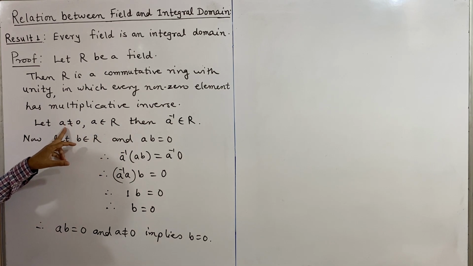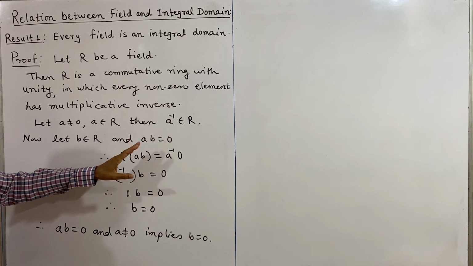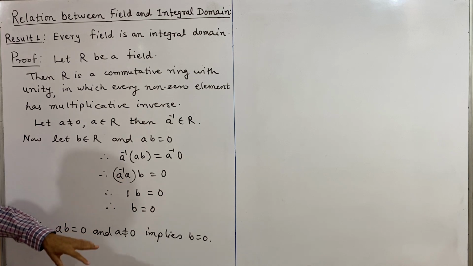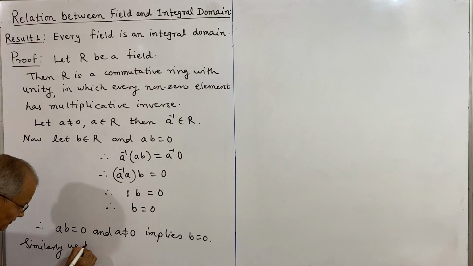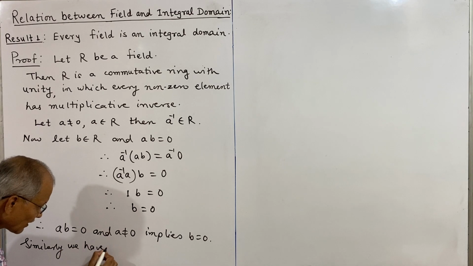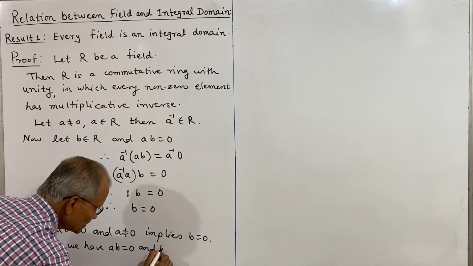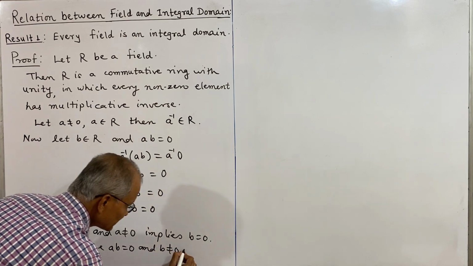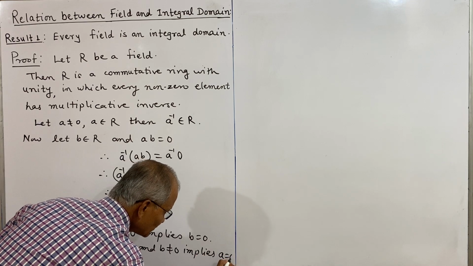Similarly, we can change the role of a and b. We shall consider b is not equal to 0, then b inverse exists, and then we shall have ba equal to 0; pre-multiply by b inverse, then we shall get a is equal to 0. Similarly, ab equal to 0 and b is not equal to 0 implies a is equal to 0.